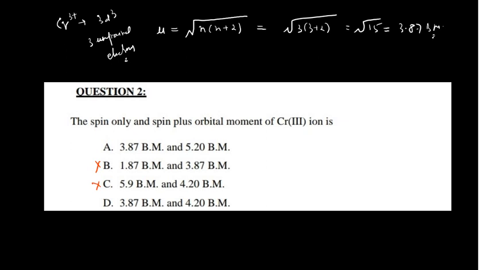So now your orbital contribution would be there. How actually would the orbital contribution be there in that case? Whenever you are looking for the orbital contribution, you can simply write mu L plus S. S is simply the spin, and L is actually your orbital contribution.